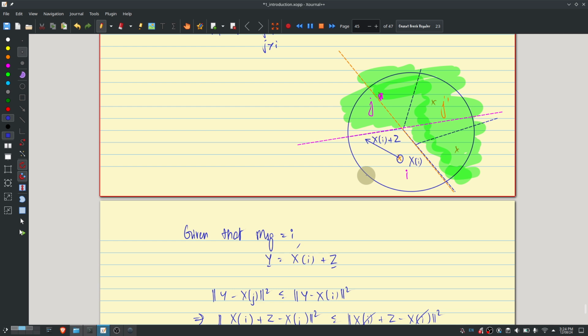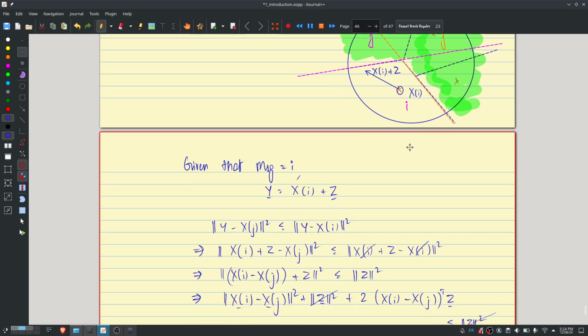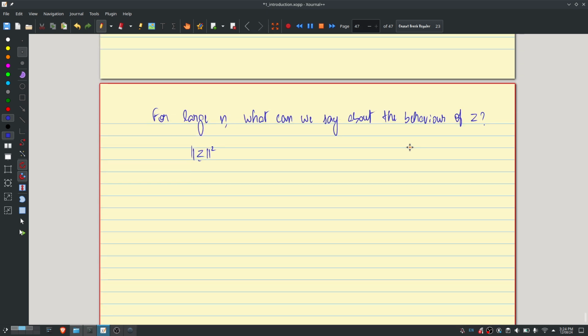Even then you are not in error. But definitely, if the norm of z is less than half of the distance between x of I and x of j, then you will not be in error. Let's find the probability that that happens. So let's look at the norm of z. Norm of z square is just equal to summation i equal to 1 to n z i square. What do we know about z?